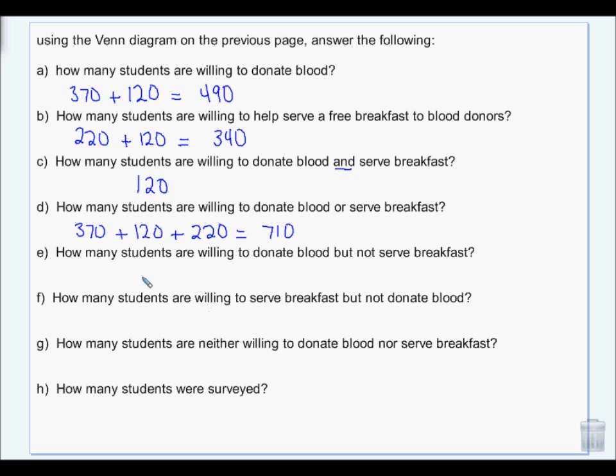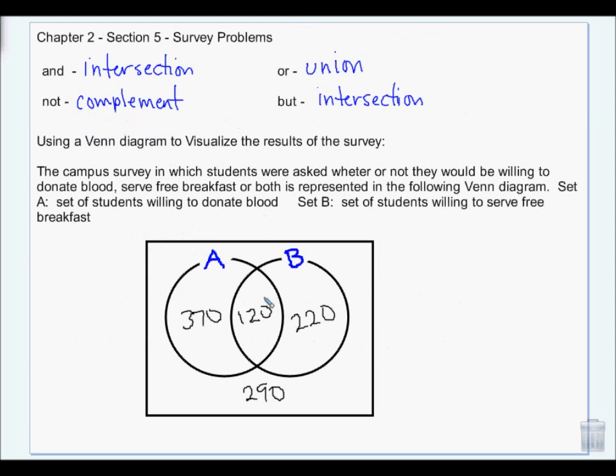Okay, how many students were willing to donate blood but not serve breakfast? That's that moon over there on the A. Oh, sorry, not 200, 220. I meant to write 220. Okay, so we come back over here.